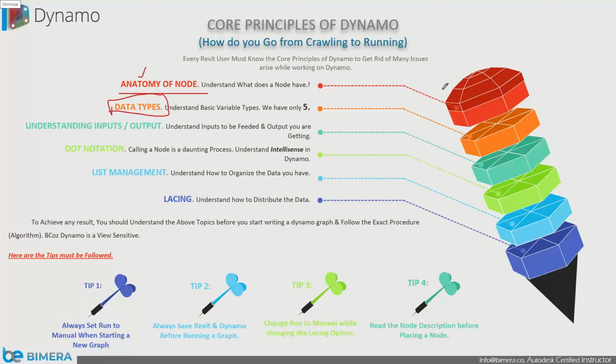If you understand all the data types, that's what our next session is about. Once you're done with the data types, you will start writing your own scripts. It's the first step of your success, guys. Then understanding inputs and outputs will take some time. It requires a lot of classes.